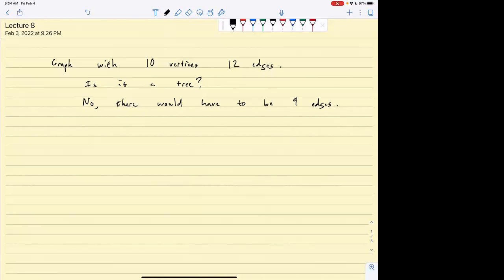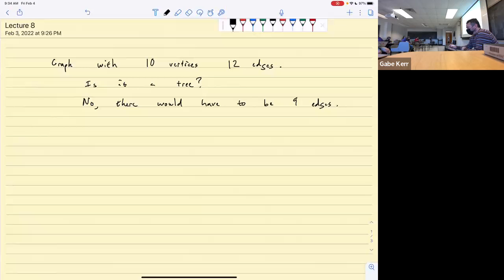Okay, what about the redundancy? What is the redundancy of this graph? This graph with 10 vertices and 12 edges. Open notes.